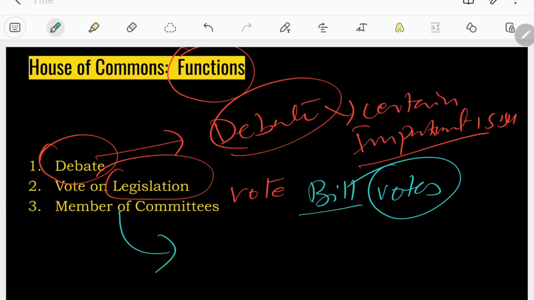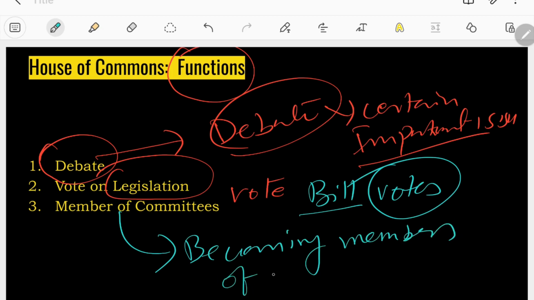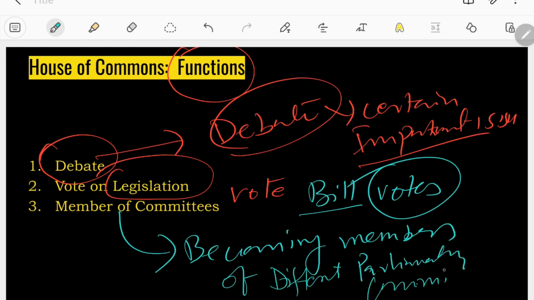Apart from this, they are also becoming the members of the different parliamentary committees. Parliamentary committee, where they give their views, they give their ideas, and they are playing very important role.